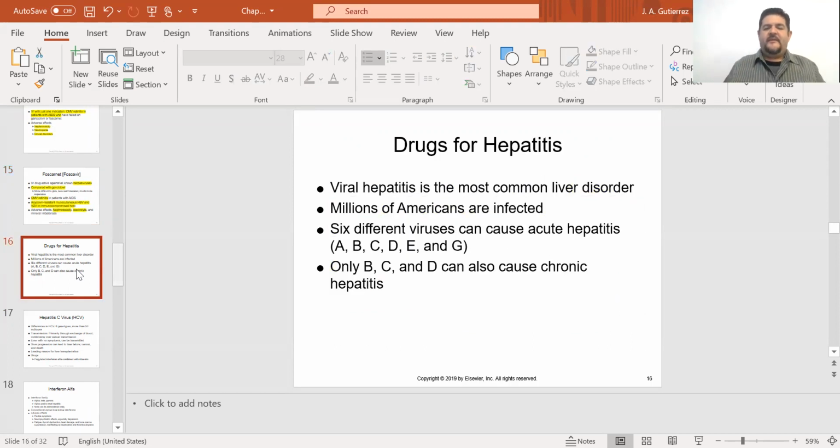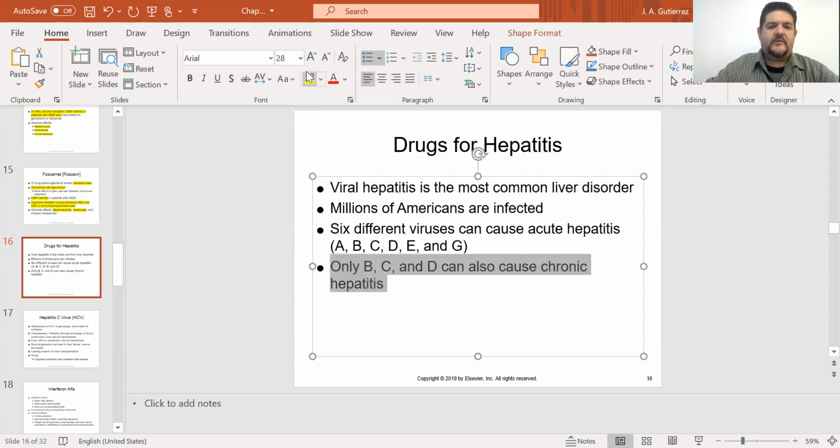Okay, next one is medication for hepatitis. Viral hepatitis, one of the most common liver diseases here in the States. We have 5 types, A, B, C, D, and G. And the ones we follow, or we try to correct, to treat, are B, C, and D, because this is what causes chronic hepatitis.